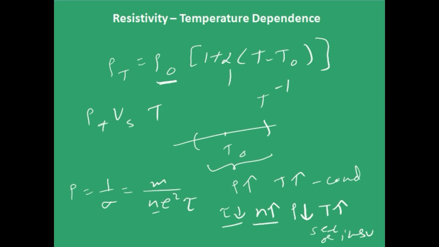Let's move forward. Let us solve a small problem. You have an electric toaster which uses nichrome as its heating element. Now, it's given that the resistance of this nichrome wire is 75.3 ohms at room temperature, that is 27 degrees Celsius.